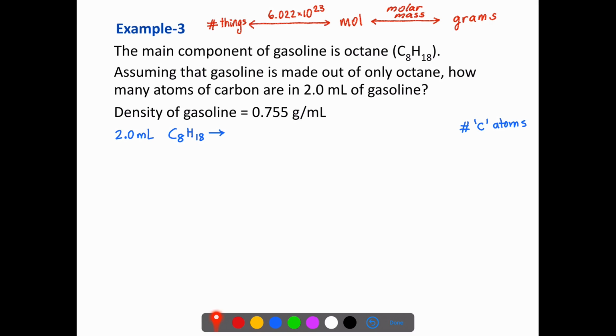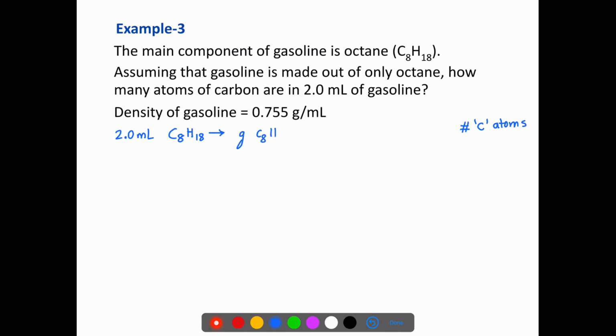And to get grams from volume, you have to use density. Remember, volume and mass are always connected by density. So we are going to use the density to change milliliters to grams.